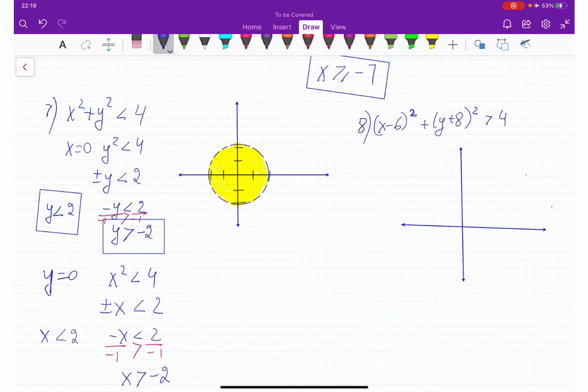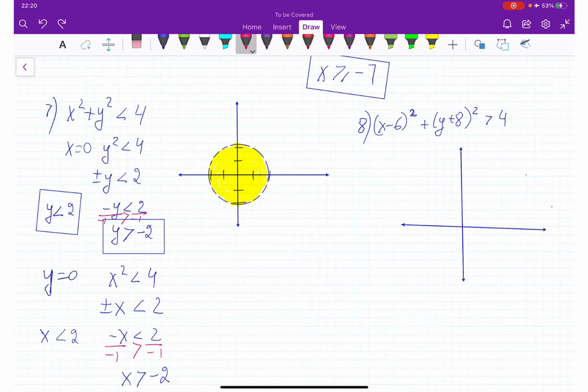While in previous cases we had the center of the circle at 0, 0, because we didn't have any shifting at x or any shifting at y, in this case we do have shifting, x minus 6 and y plus 8.